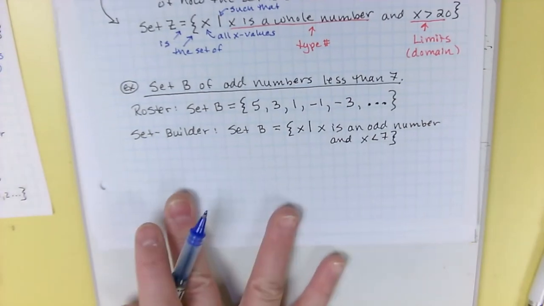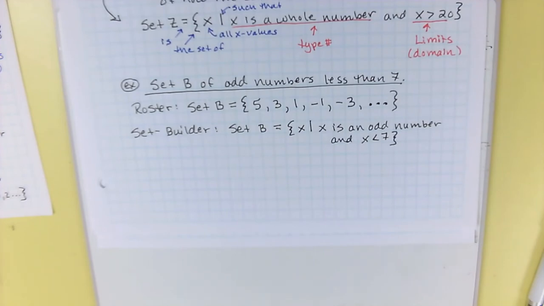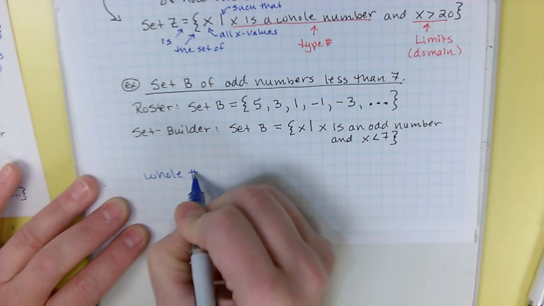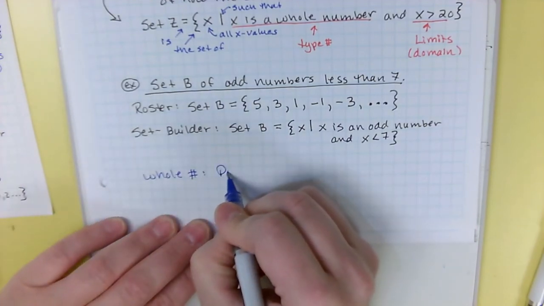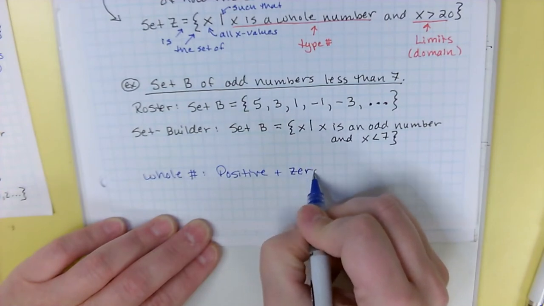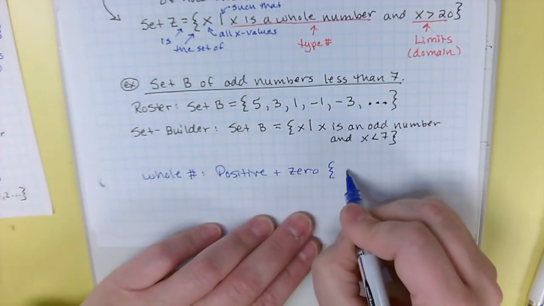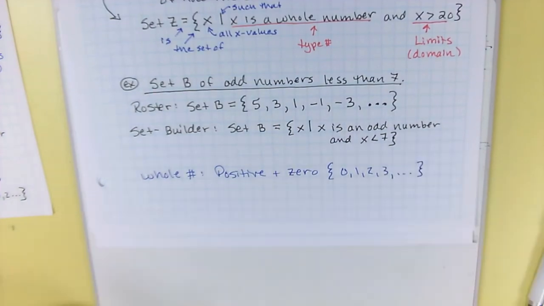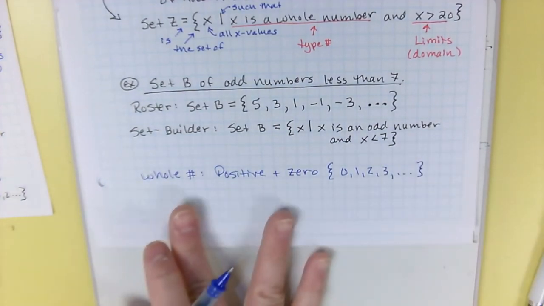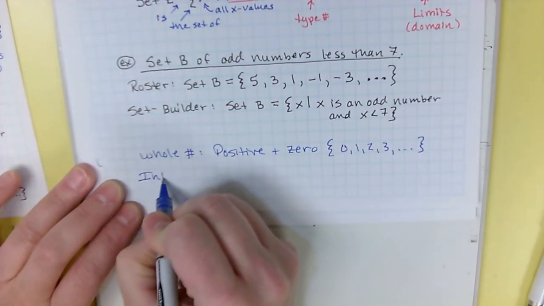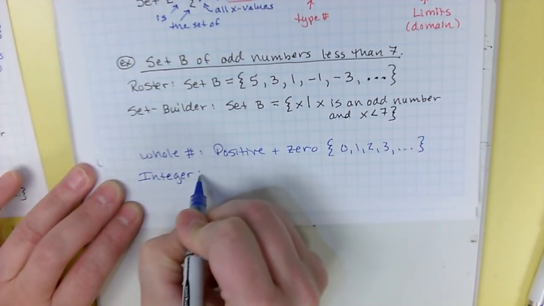Okay, so on your homework problems, you've got to know the difference between a whole number and an integer. So just a quick review. A whole number is all numbers that are positive plus 0. So that would be 0, 1, 2, 3, and then it would go up from there. The other word you're going to see a lot of is an integer.